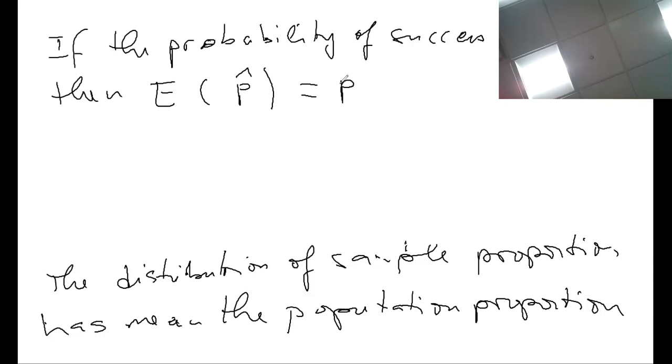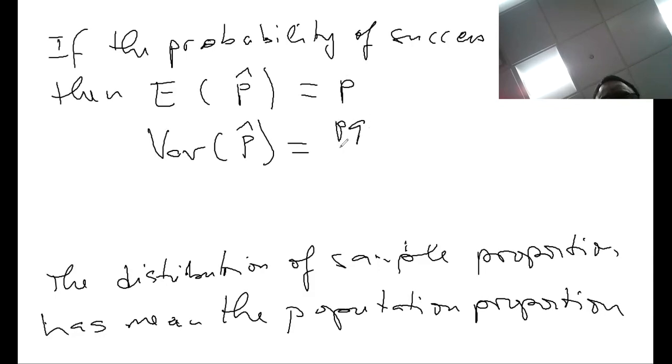So the expected value of the sample proportion is the population proportion, which is the probability of success. And the variance of P hat is PQ over N. So the standard deviation of P hat is square root of PQ over N.